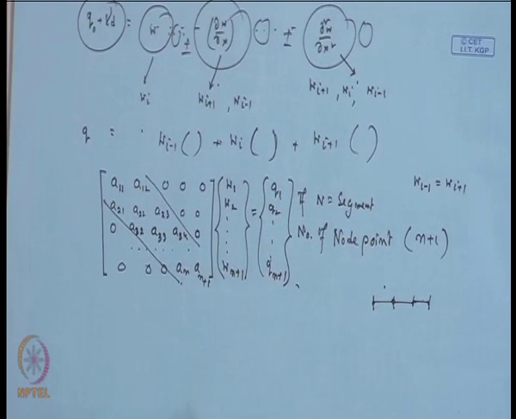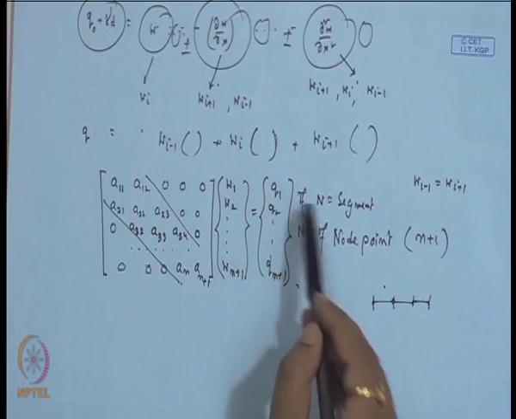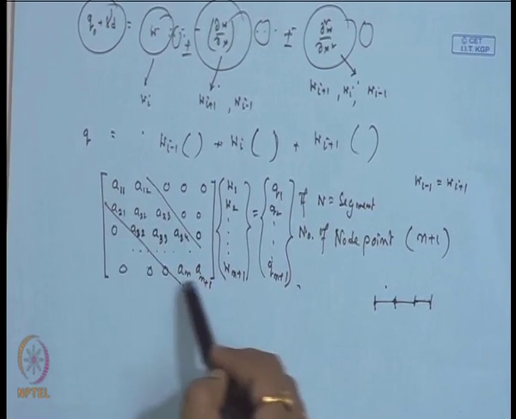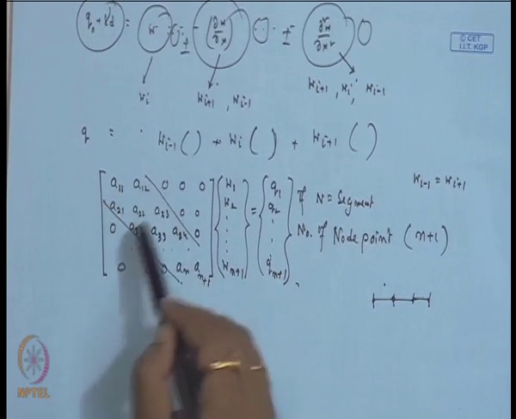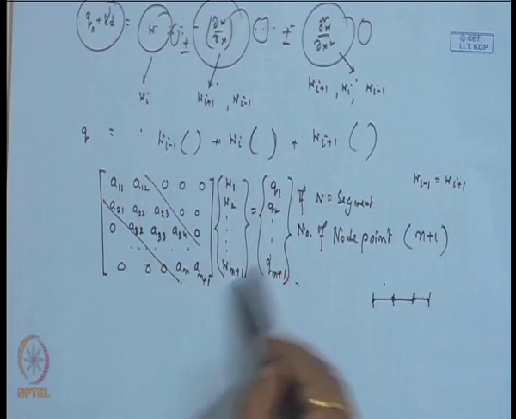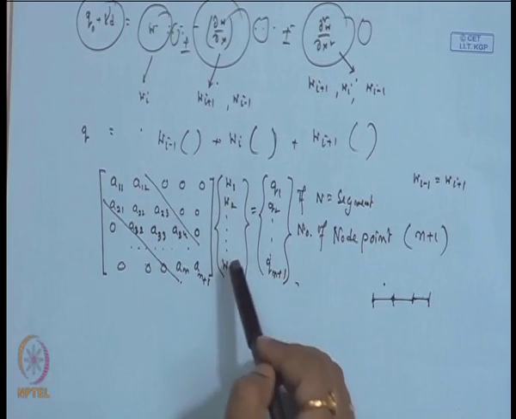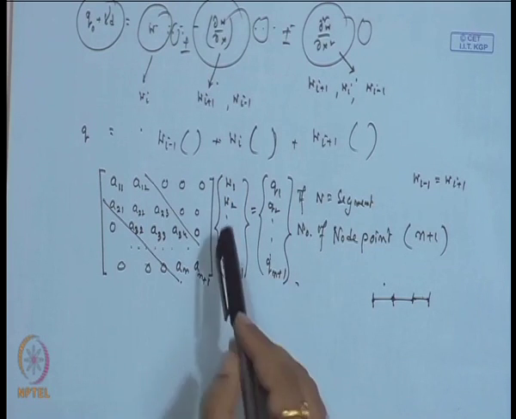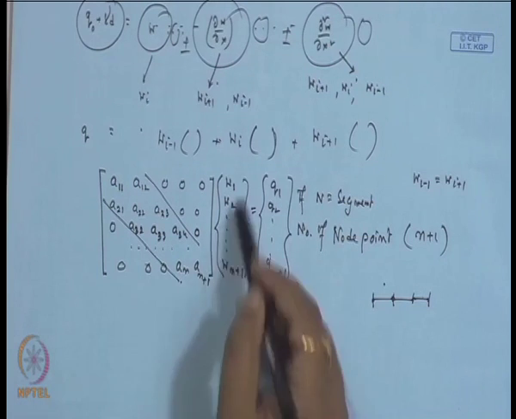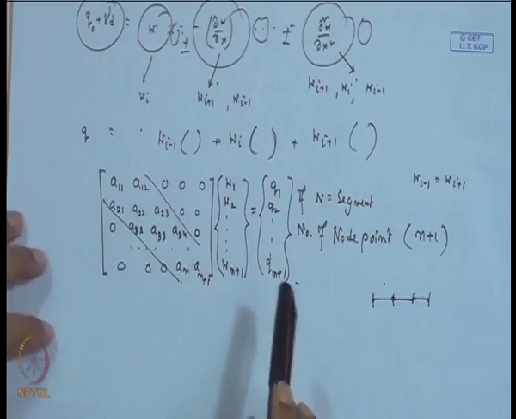If we know the boundary and loading conditions, we put the loading values here and determine all these coefficients a 1 1, a 1 2, a 2 1, a 2 2, a 2 3, and then invert this matrix, we will get W 1, W 2, W n plus 1. There are many different solution techniques available to determine W 1, W 2 up to W n plus 1 from this type of expression.